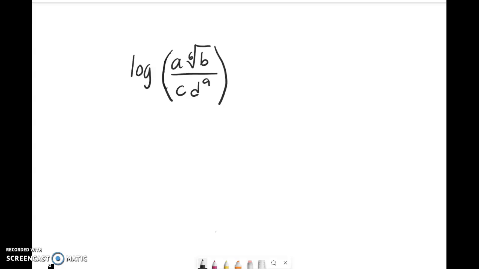In order to expand it fully, the first thing I see is that I have this division sign. Because I have this division sign, I can rewrite this. The log base 10 is the common logarithm.